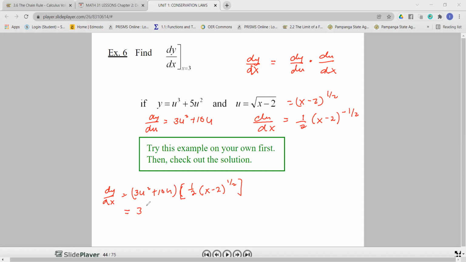So, x minus 2, plus 10 times u, which is the square root of x minus 2. So, square root of x minus 2. Then, multiplied by 1 half square root of x minus 2. So, it can be square root of x minus 2 all over 2. Okay, so this is the derivative. So, dy over dx is this one.